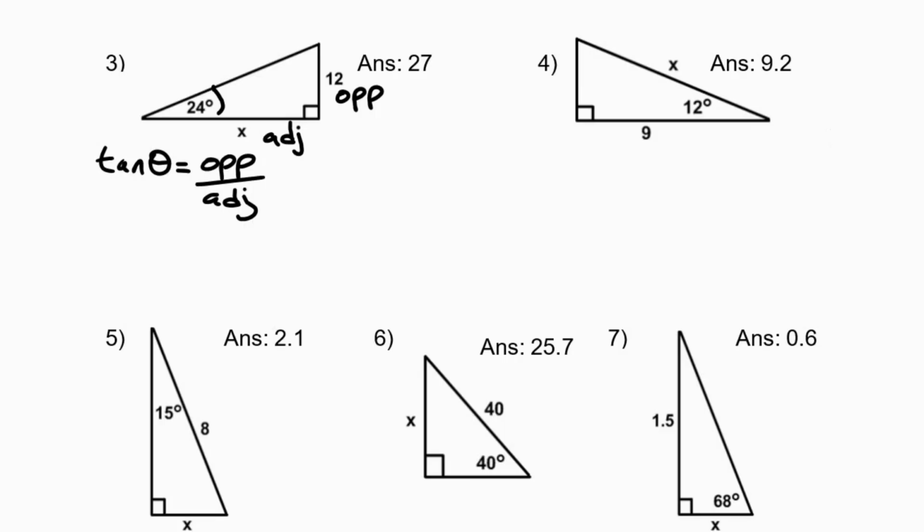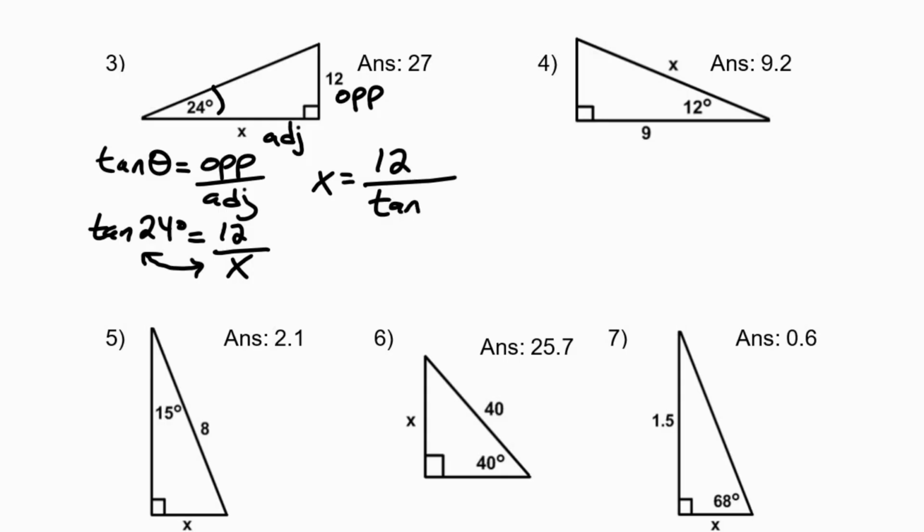Okay, so it's tan of the reference angle, which is 24 degrees, is equal to the opposite, which is 12, divided by the adjacent, which is our x. Once again, we do a little switcheroo, and we have x is equal to 12 divided by tan of 24. And that should get us our 27.